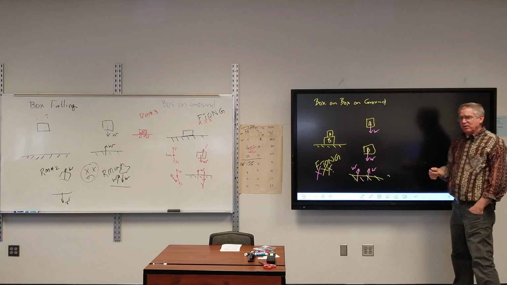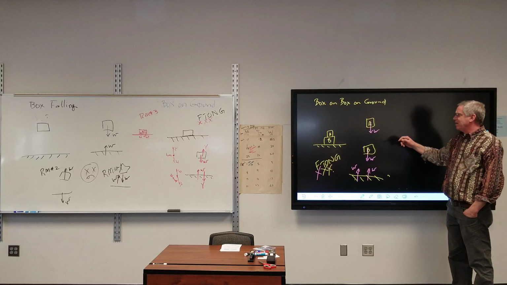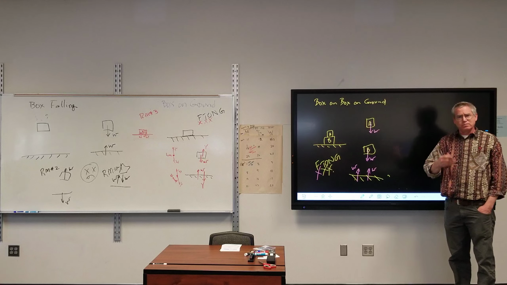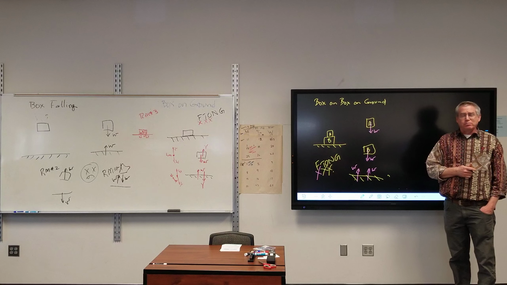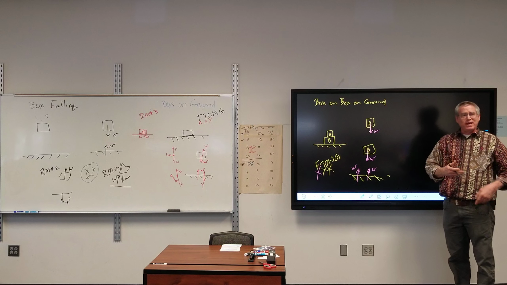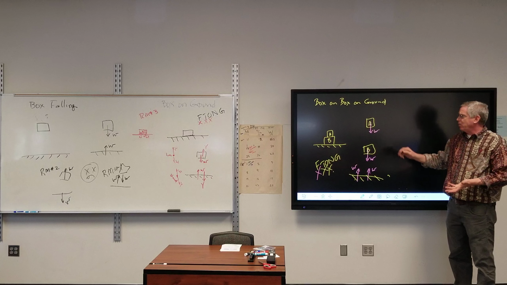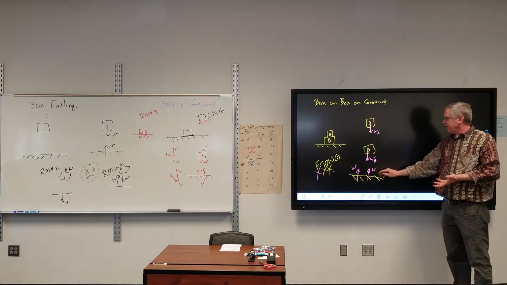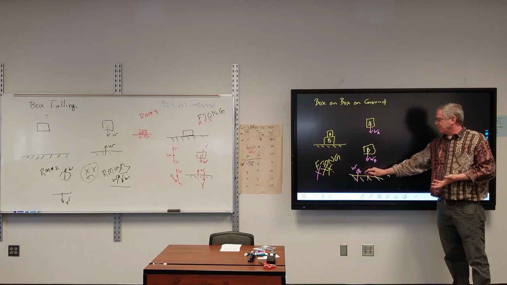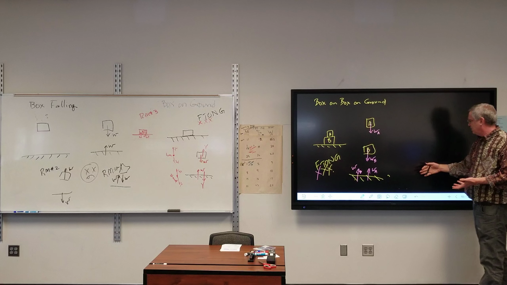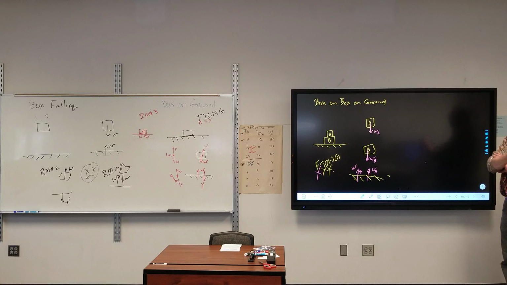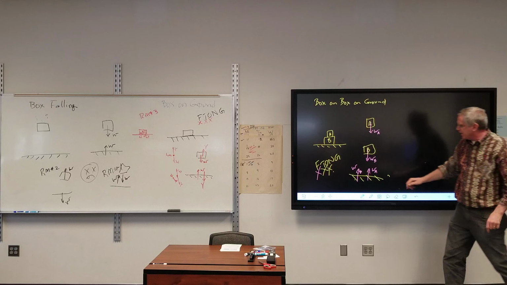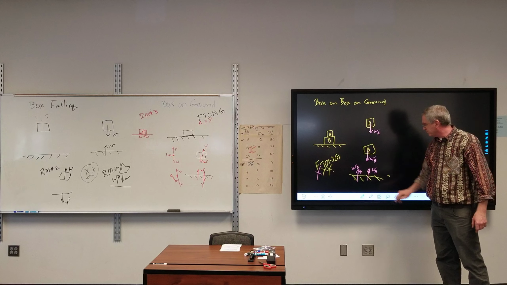Unless it's specified otherwise, do not assume that the weights are the same, so we need to somehow differentiate the W's. Now, personally, I prefer a subscript that has some meaning to the object, so I would do W sub A, W sub B. One of these at the bottom is W sub A, the other one is going to be W sub B. And I should put the B next to the W there.